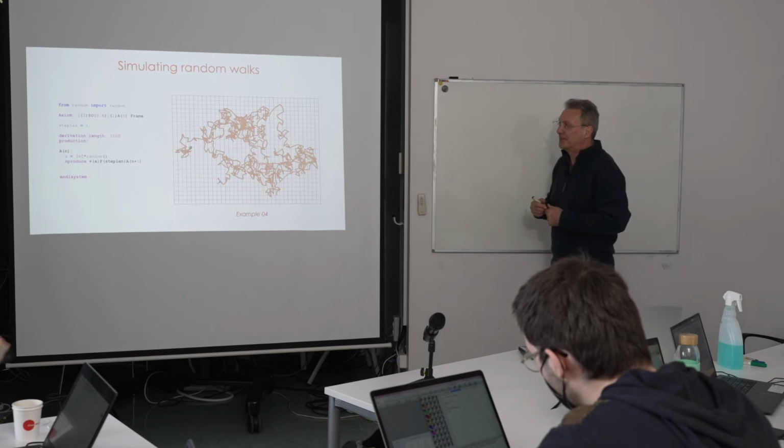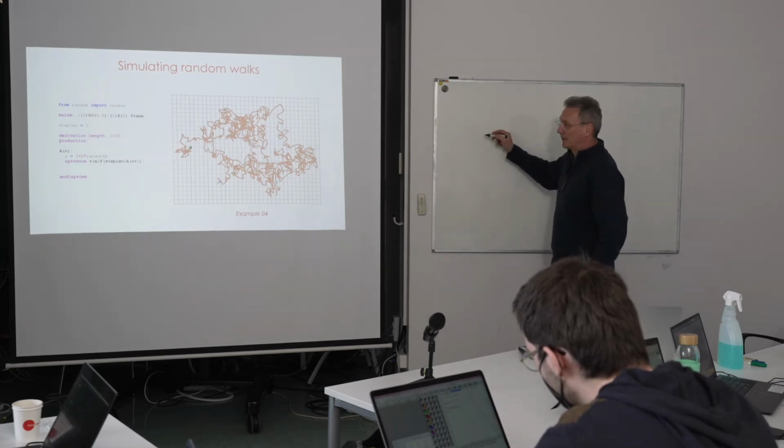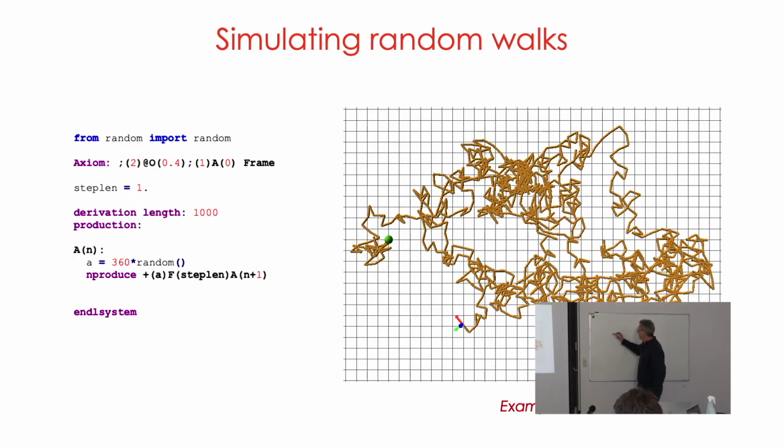Just a syntactic new thing. When we used to write A of n produce A of n, f of 0 A of n, let's say. Now, to construct more complex production rules, we can use another syntax, which is like this.